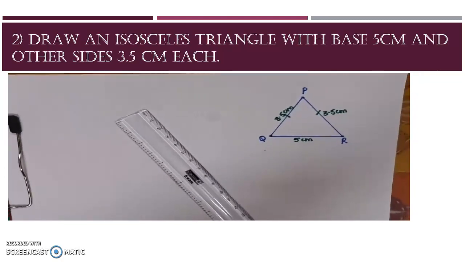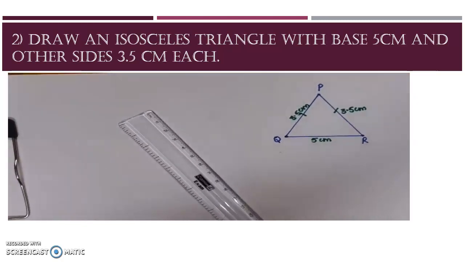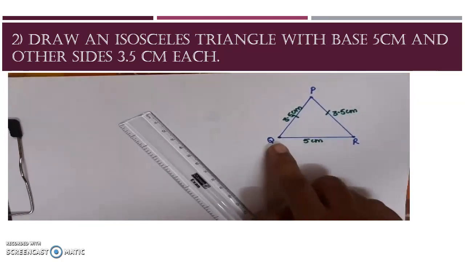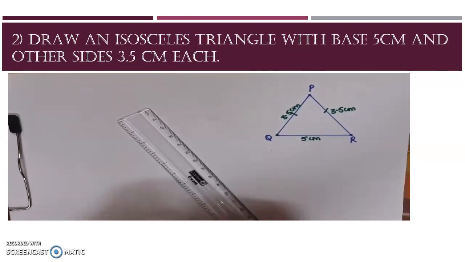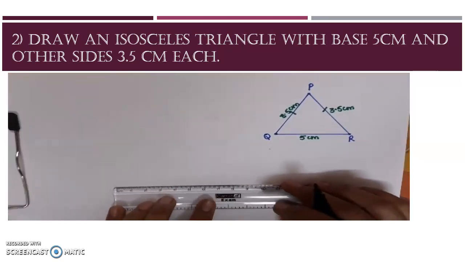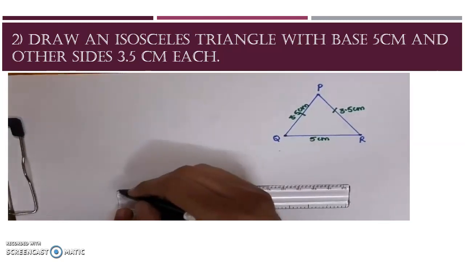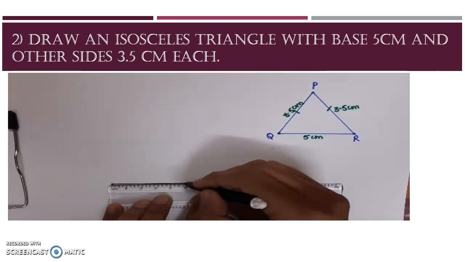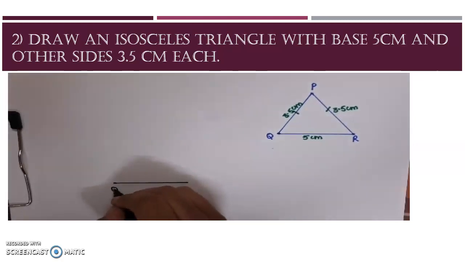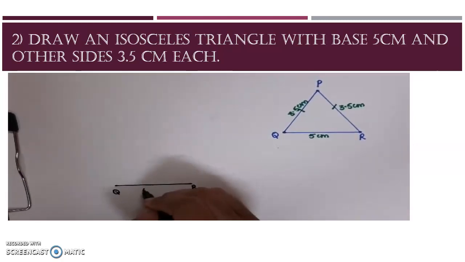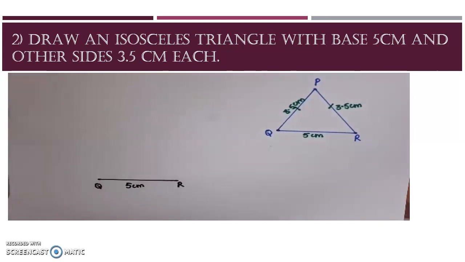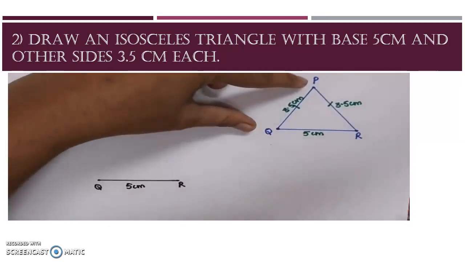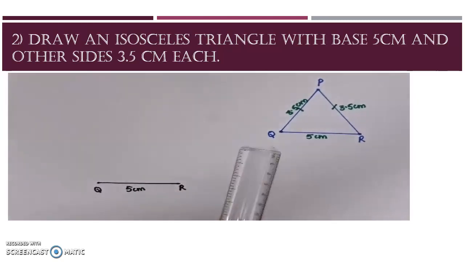Now we will follow the same steps what we have followed in question number 1. First we will draw segment QR of 5 centimeter. We'll give name QR 5 centimeter. After that we will draw segment PQ of 3.5 centimeter.